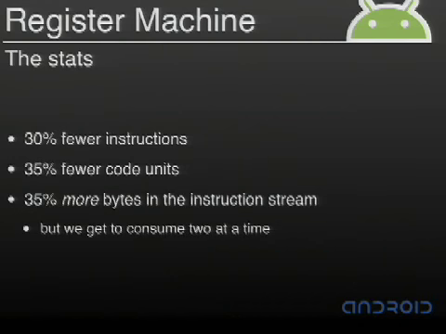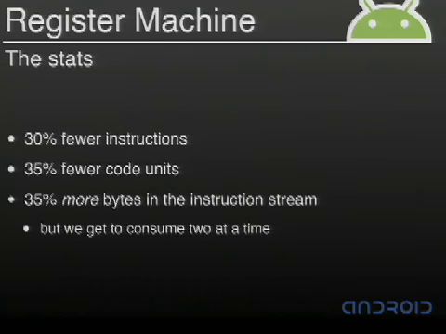But we do have more bytes, and the distinction here is that a code unit in a .class file is a single byte, and a code unit in DEX is 2 bytes. And in the interpreter itself, we can issue reads to read those pairs of bytes at a time. And so that helps mitigate the impact of having more bytes typically.